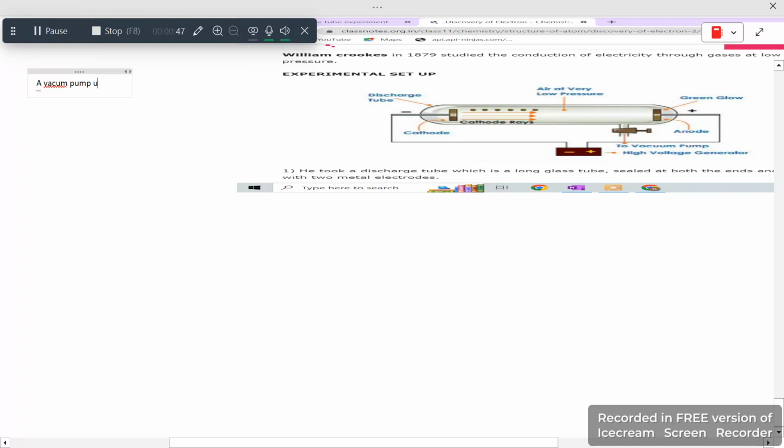A vacuum pump is used to reduce the air pressure inside the discharge tube.